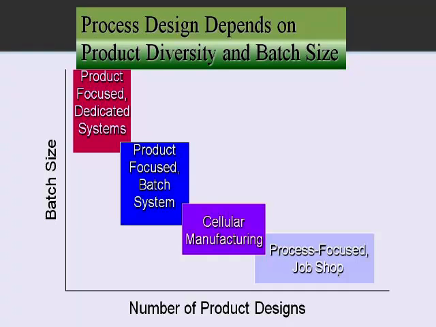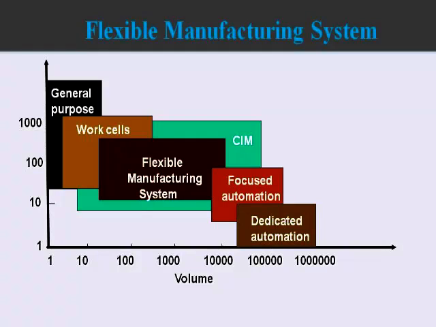And in between, the cellular manufacturing product focused batch systems occupy this. Now, you see how flexible manufacturing systems occupy the place in between variety and volume with respect to products being manufactured.